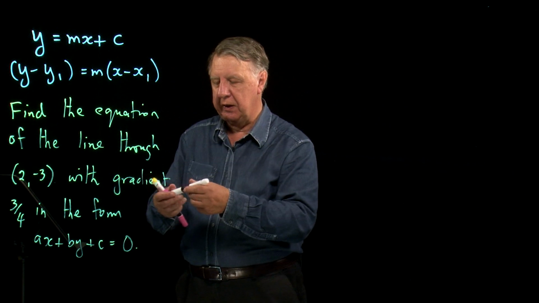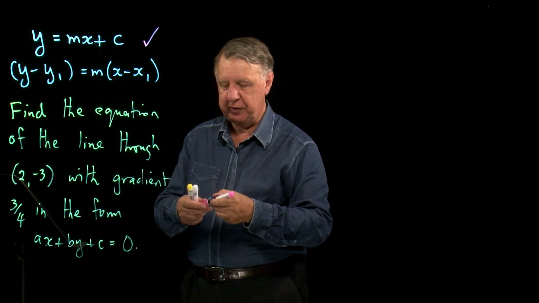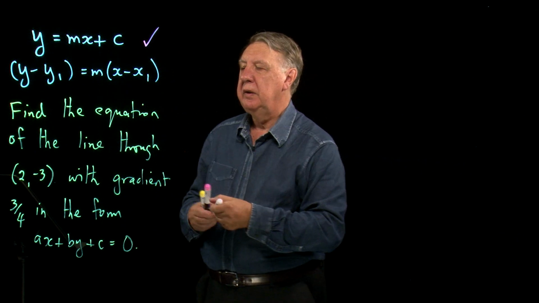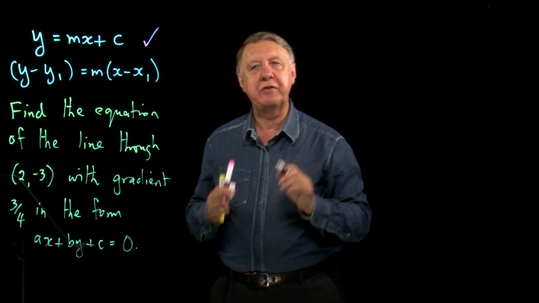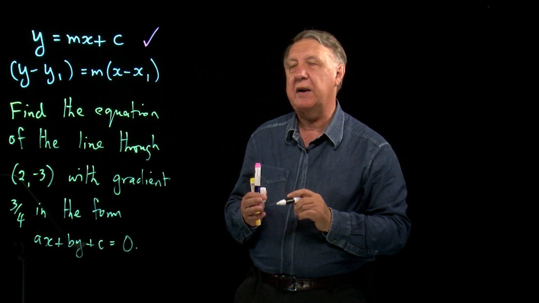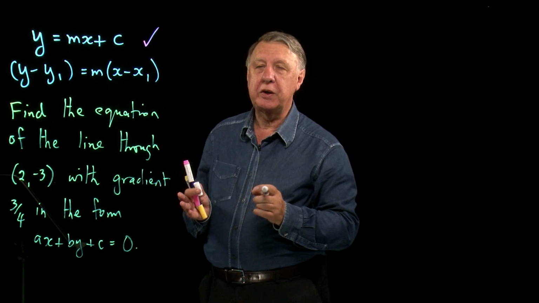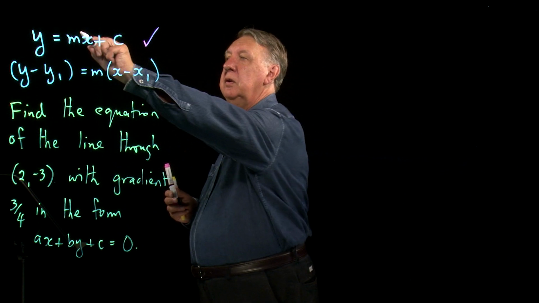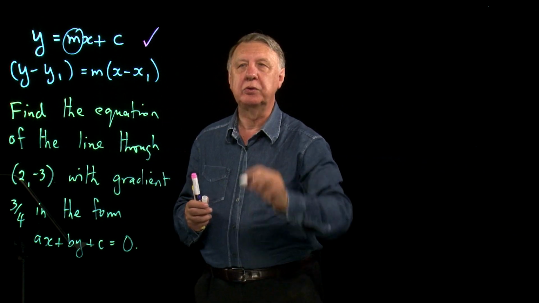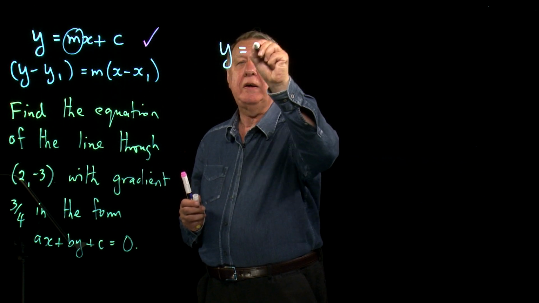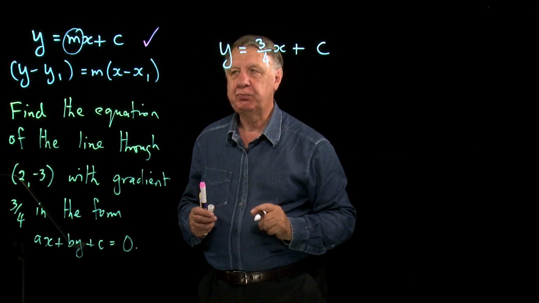So let's use the y equals mx plus c version first of all. In this equation, of course, c is where our straight line crosses the y-axis. We don't know that at the moment. Do we know anything in that equation? Yes, we know the gradient, m. We know the gradient is 3/4. So we can write y equals 3/4 x plus c.